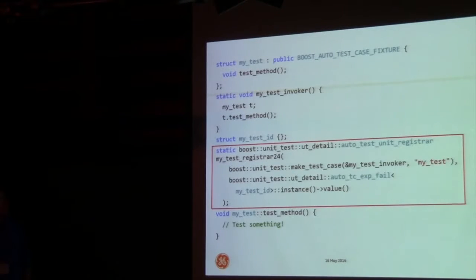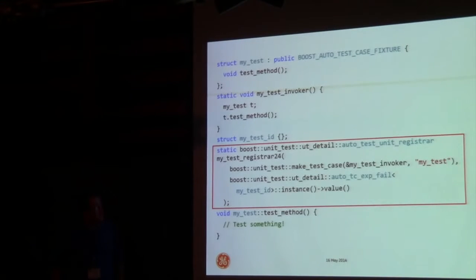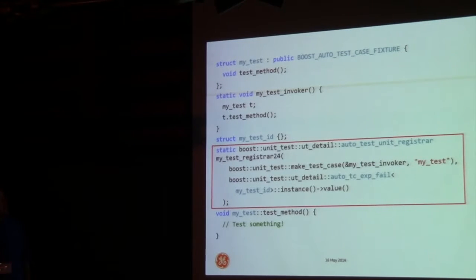I ran it through a preprocessor, reformatted the code to be a little nicer, and lo and behold, they have their static object, their global object, that registers the test. Theirs is quite a bit more complex than mine, and hopefully, with that much more complexity, does more than mine. But they have their helper to do the registration. They pass in the parameters, including the test, and it registers it, and the test gets called eventually.